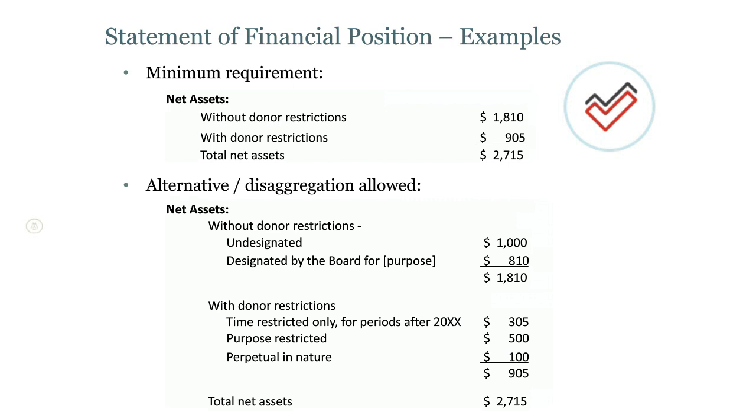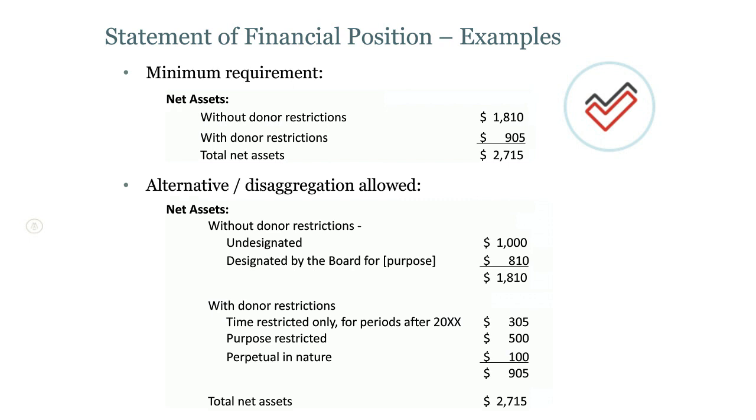You are allowed, however, to disaggregate. And this is, again, where I think now is a good time to start thinking about this and talking about this with your board and the users of your financial statements on how much disaggregation you want to have here. Do you want all of this information, or do you want to just have the two categories as required?